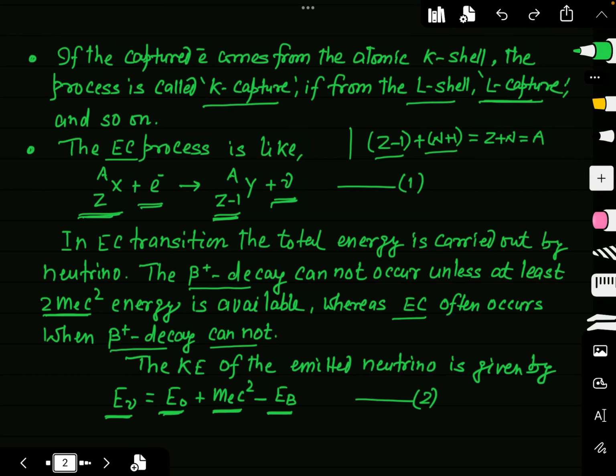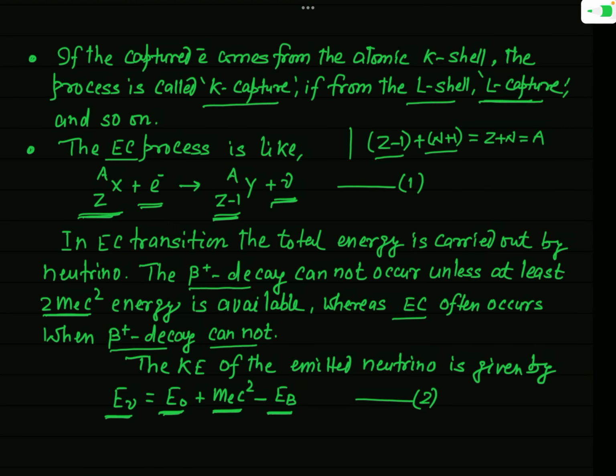It means if the electron is captured from the K cell, then this E_B corresponds to the binding energy in the K cell. And if the electron of the L cell is captured, then this E_B is the binding energy of the electron present in the L cell before the capture.